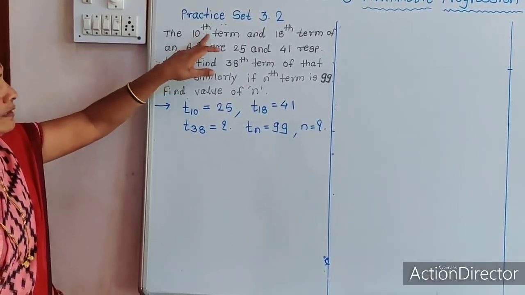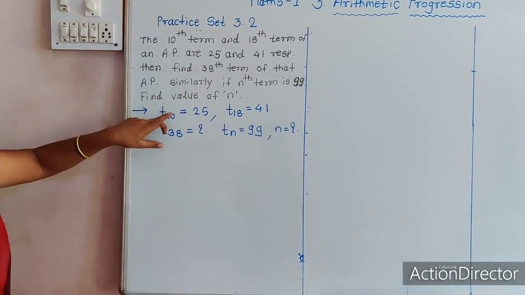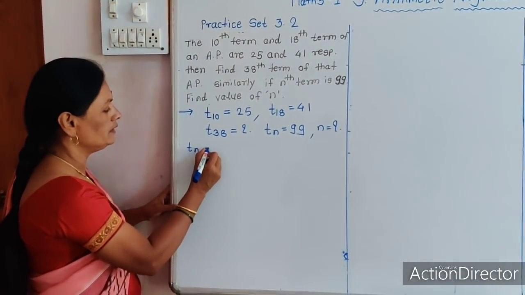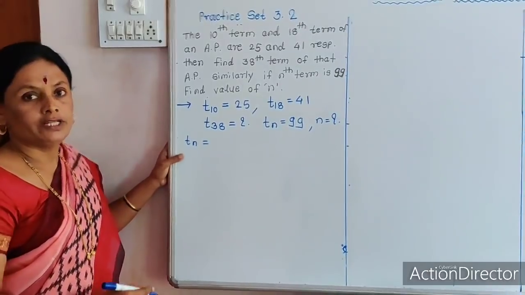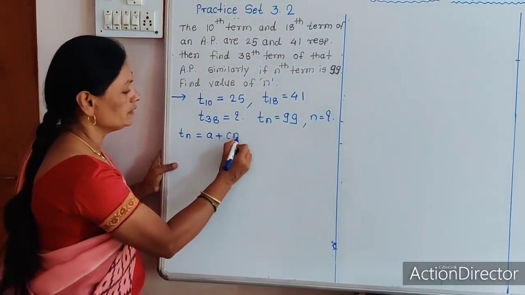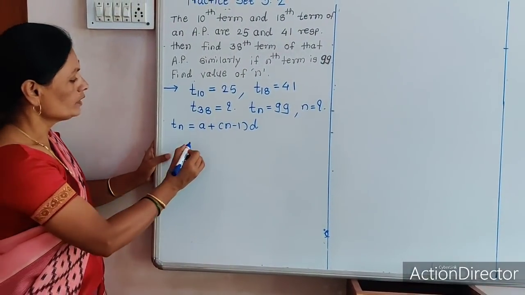The 10th term is given, the 18th term is given. T10 is equal to 25. First we write the formula. Tn is equal to A plus n minus 1 into D. Look here.